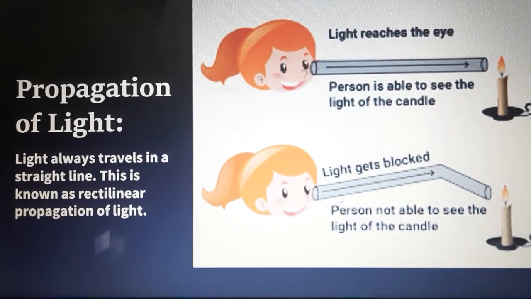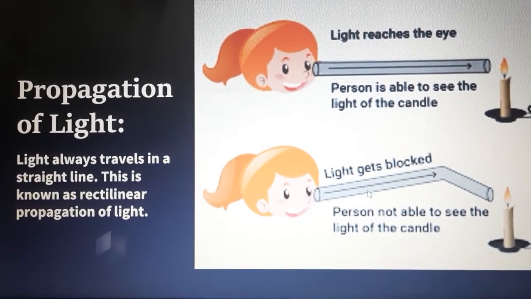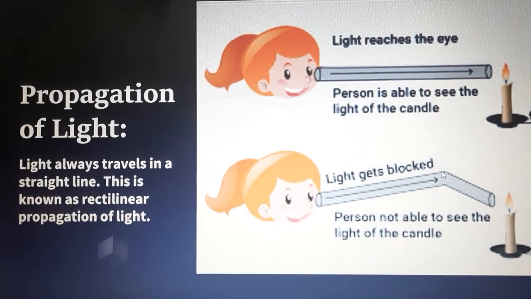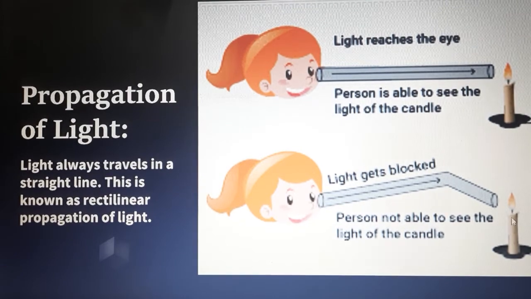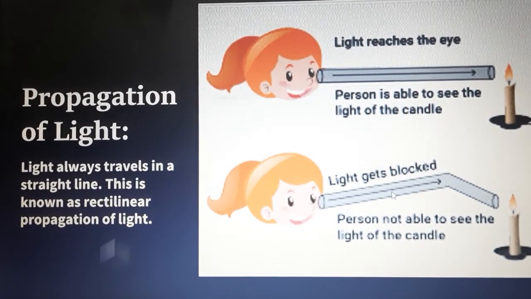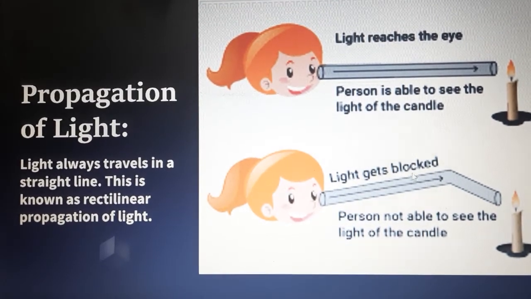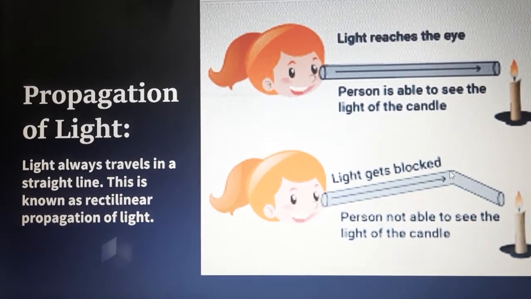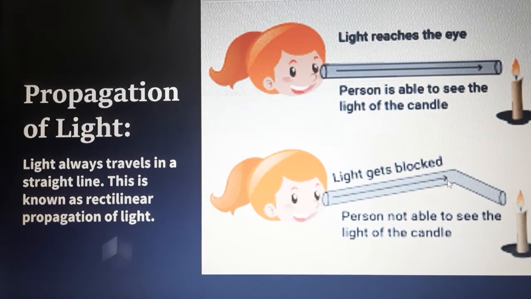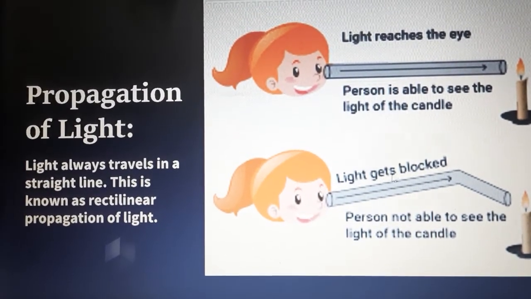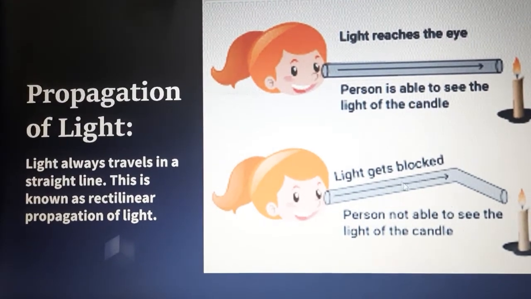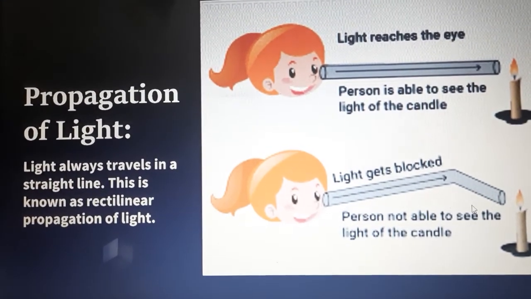But if person is using a bent pipe, then she is not able to see the candle because light travels in a straight path. So this particular light is falling on this and getting blocked in its way. So when light gets blocked, we are not able to see the object.